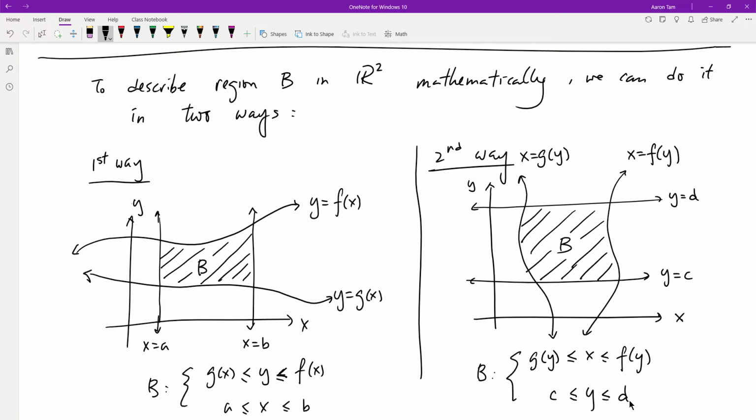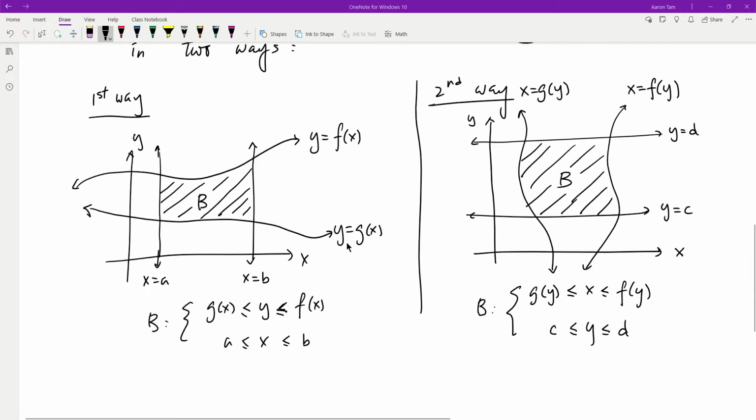So these are the two different ways that we can use to describe a region B. As you can see, in R2 we're describing region B using two different sets of inequalities, one describing what happens to x and one describing what happens to y. You can suspect that to describe a region B in R3, I would very likely need three sets of inequalities.